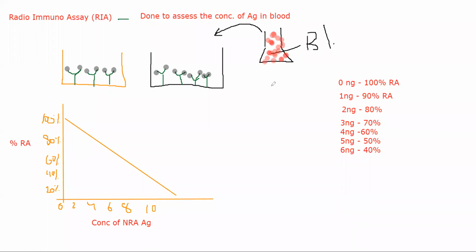Mycobacterium tuberculosis का antigen है, and I'm pouring that into the well. What will happen is, these antigens which are radioactive, they will get replaced by the new type of antigen. So यहाँ पर you are replacing the old radioactive antigen with new antigen.